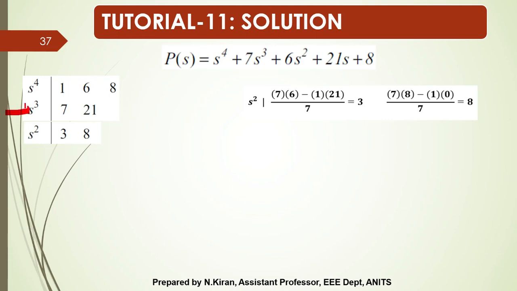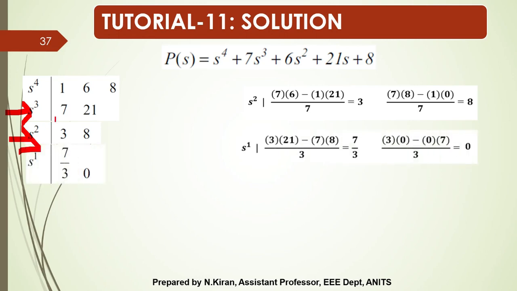For that I have to consider s cube and s square. Applying the formula, I get 3 into 21 minus 8 into 7 divided by 3, which is 7 by 3, the first element in the row corresponding to s power 1.